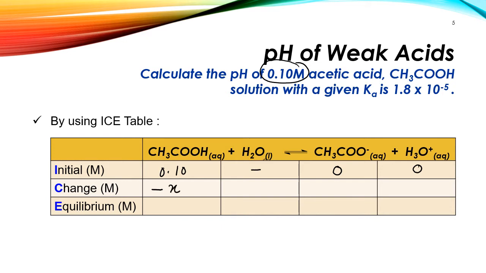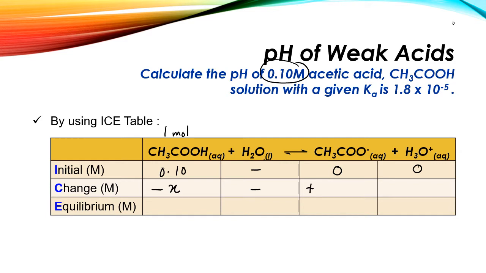Remember, the value of X must be according to its stoichiometric coefficient, which means 1 mole of ethanoic acid equals 1x. For the product, during the reaction, they increase in concentration.